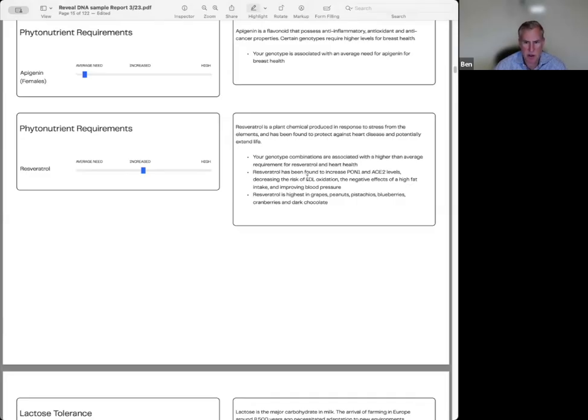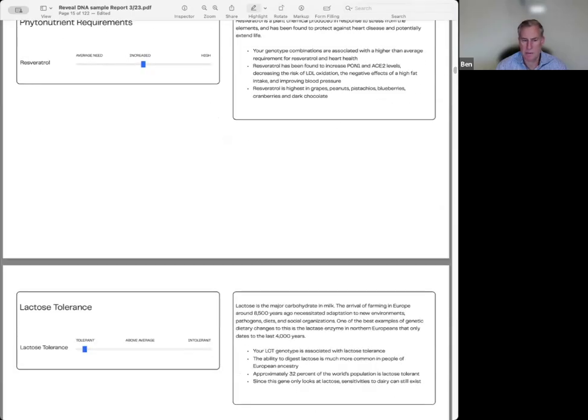You'll see where resveratrol definitely helps the heart, increases the PON1 and ACE2 levels, which are both linked to specific genes, and how we can positively impact those genes by eating foods rich in resveratrol, such as grapes, peanuts, pistachios, blueberries, cranberries, and dark chocolate as the highest sources, but there are other foods and drinks that do contain resveratrol, and again can be supplemented.